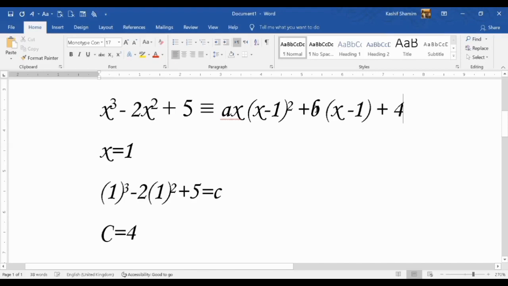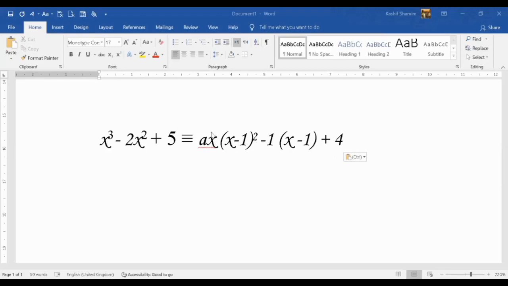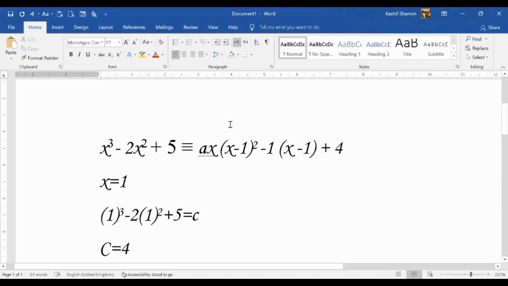C is 4, B is negative 1, we can put any value for x to find the value of a. When we take the value of x as, for example, 2, because over here we can take x as any value since we have b and c, and this whole expression satisfies every single value of x.